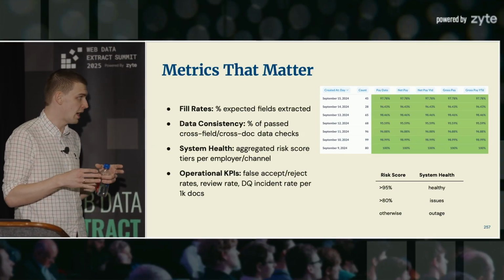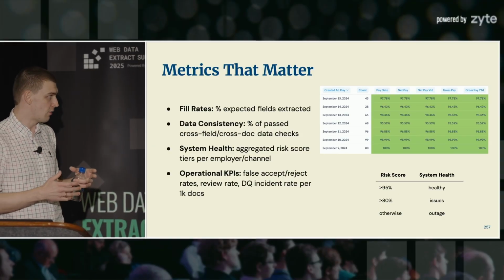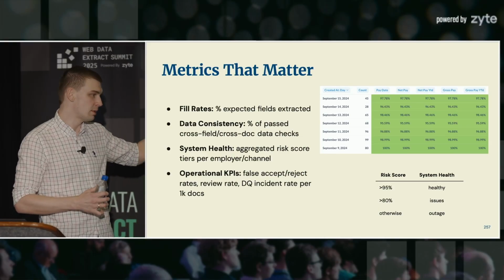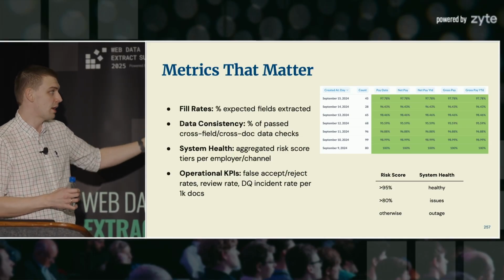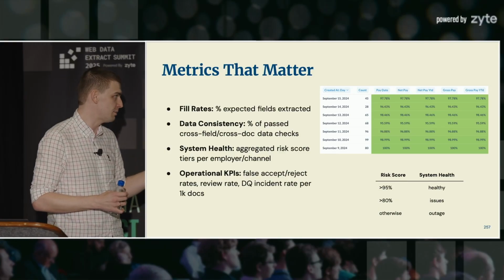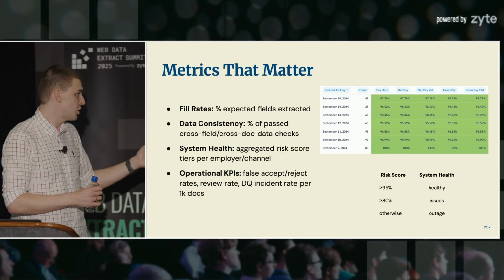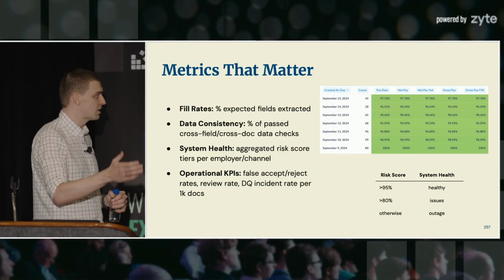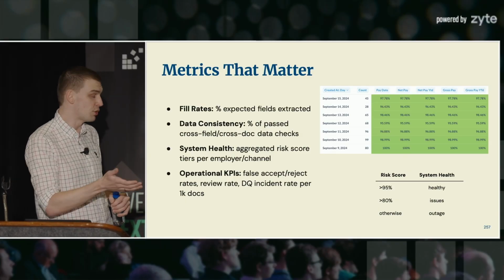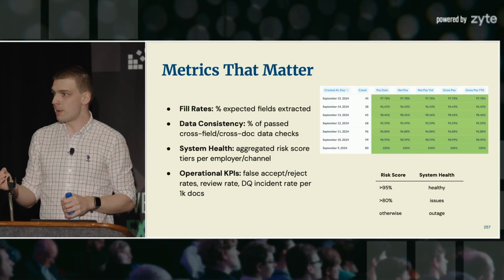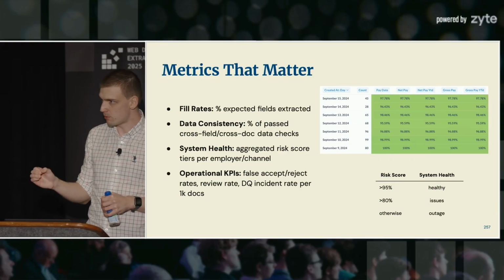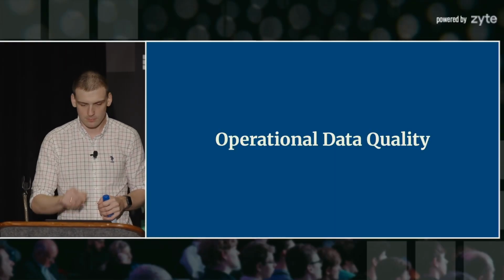You can actually have health tiers for an at-a-glance view, like: is your system healthy? Do you have issues with different employers, or an outage that requires immediate response? For operational KPIs, we can use false accept and false reject rates, review rate, and incident rate. Metrics make your quality measurable and improvable.